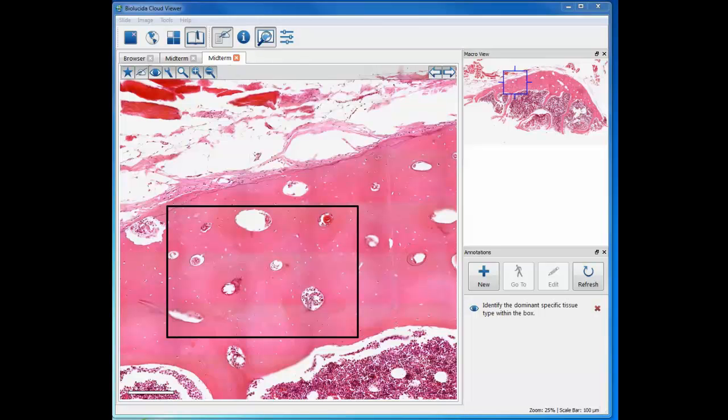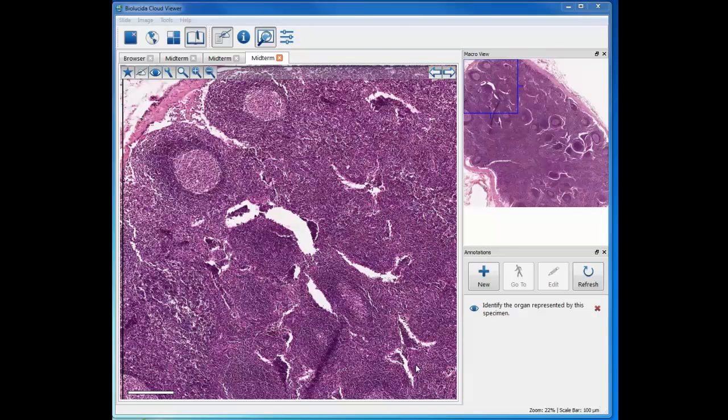This specimen was presented, and you were asked to identify the organ represented by the specimen. Well, first thing you should notice is you've got a lymphatic nodule with a germinal center. So right away, you should suspect this is a lymphoid organ.